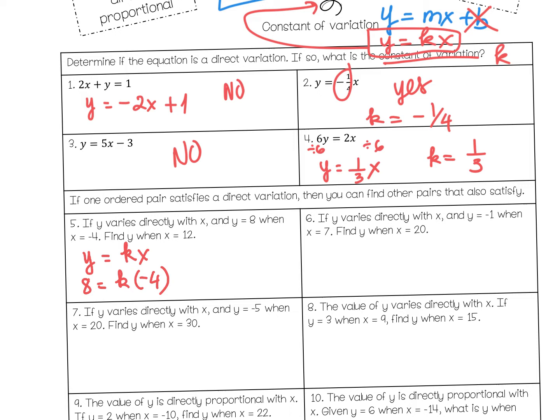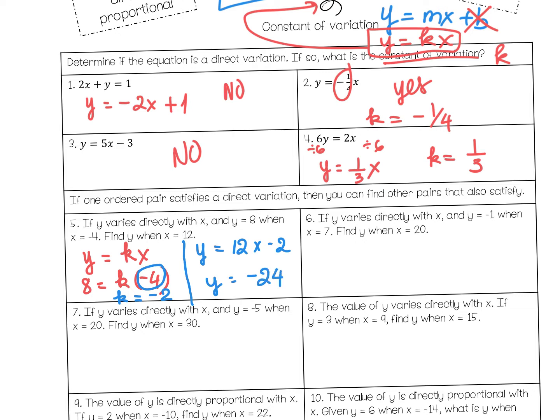We divide by negative 4 on both sides, and 8 divided by negative 4, k is what? Negative 2, right? So you know k is negative 2. Now find y when x is 12. Now you know k is negative 2, so we take 12 times negative 2, and y will be negative 24.